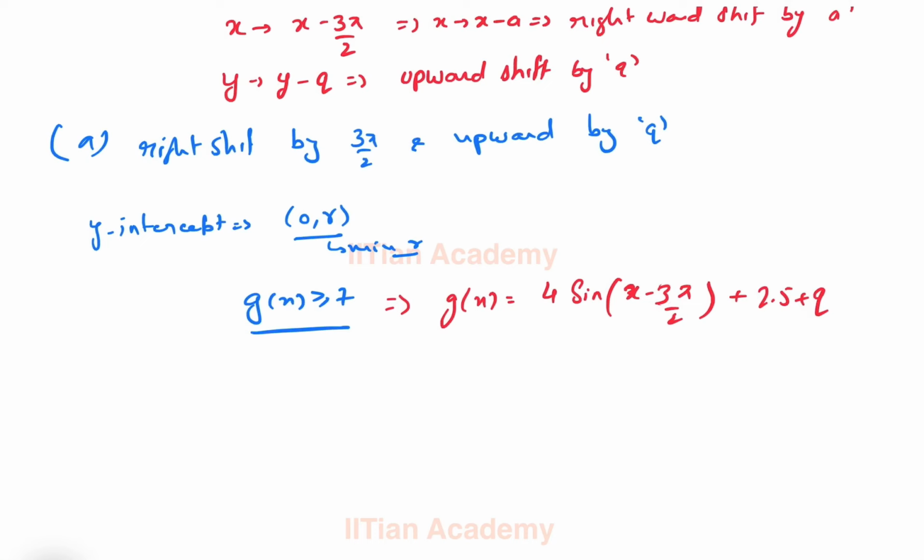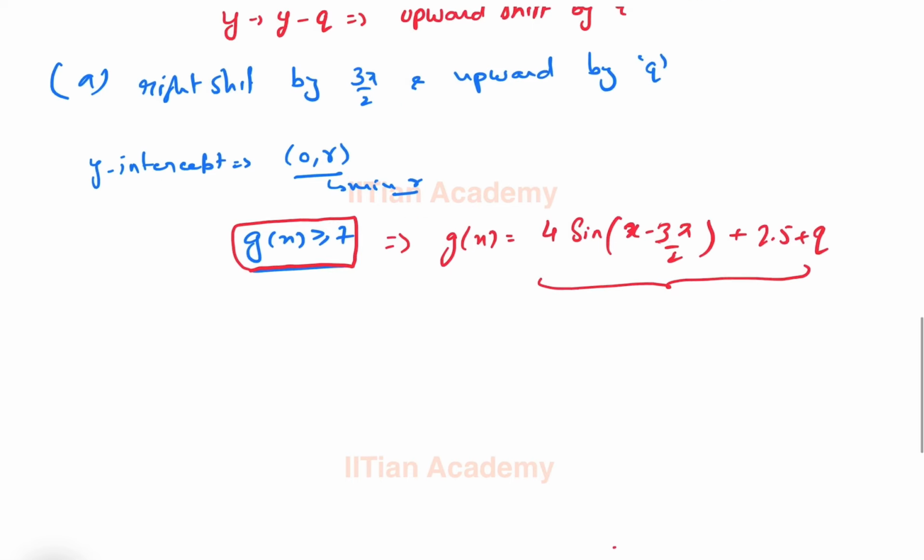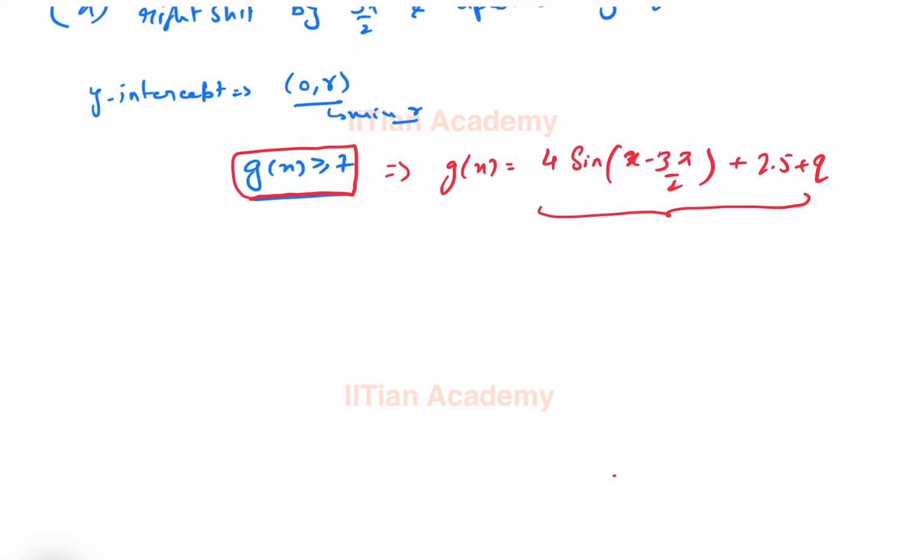So what we have to do now is, we have been given that g(x) is greater than or equal to 7. So if g(x) is always greater than or equal to 7, then we can identify the minimum value of this function and then make it greater than or equal to 7.